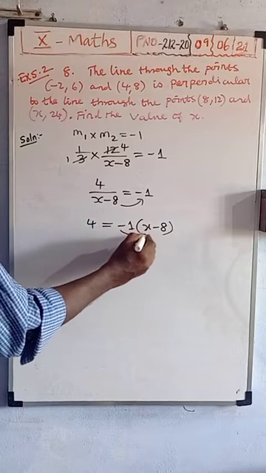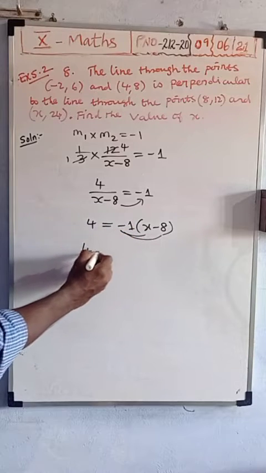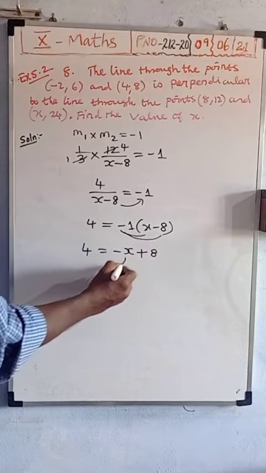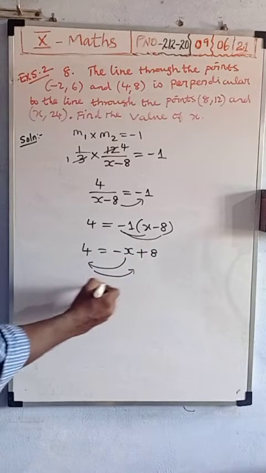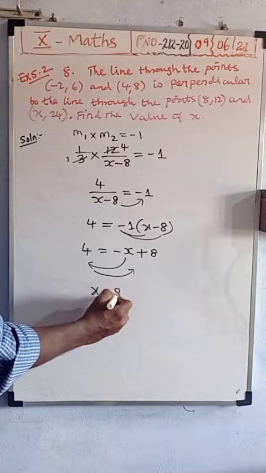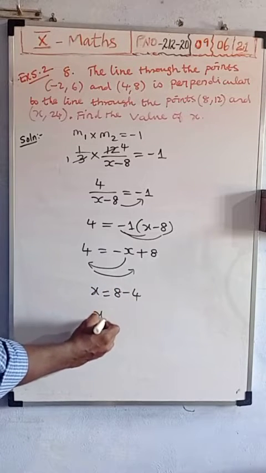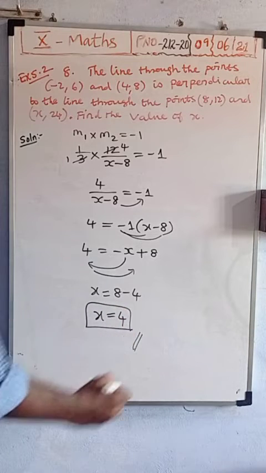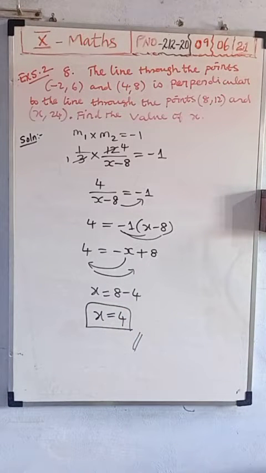Multiplying -1 through, 4 is equal to -x plus 8. Now moving terms, x is equal to 8 minus 4. So x is 4. The question asks to find the value of x, therefore the value of x is equal to 4.